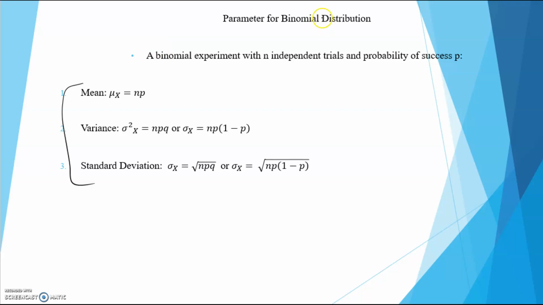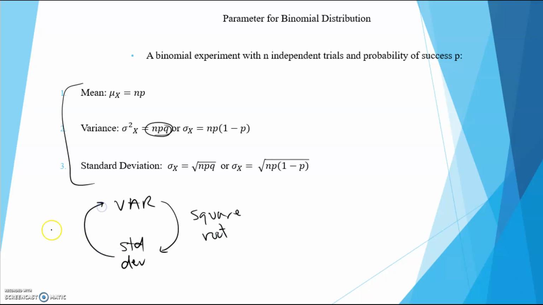The mean for a binomial distribution is n times p, variance is n times p times q, and standard deviation is the square root of n times p times q, which is basically the same thing as variance. You just put a square root over it. Because if you're going from variance to standard deviation, what you would do is square root. And if you're going from standard deviation to variance, what you would do is square.